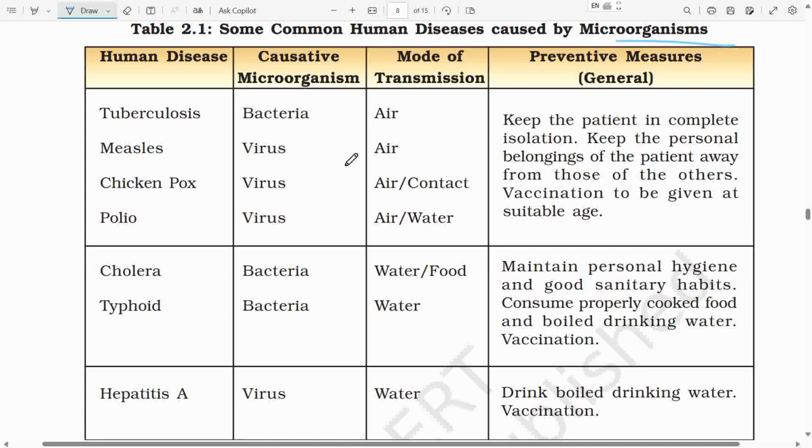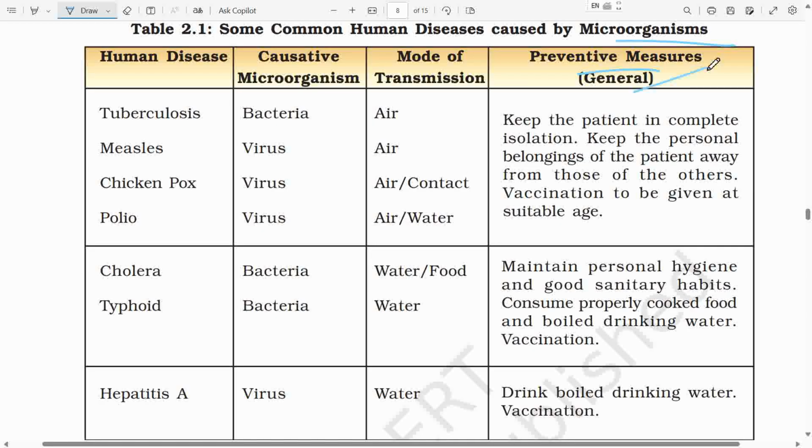Mode of transmission, air. Human disease, chickenpox, causative microorganism, virus. Mode of transmission, air or contact. Human disease, polio, causative microorganism, virus. Mode of transmission, air or water.